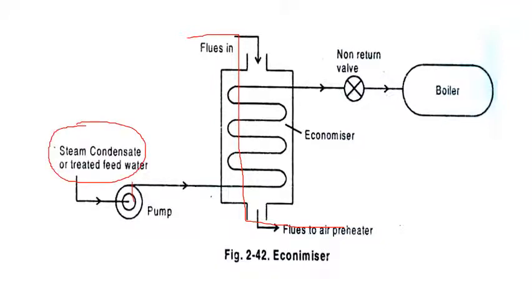Water is pumped and, before entering the boiler, I am giving it heat. It is preheated before being sent to the boiler. As we discussed earlier, it surely reduces the coal burning, or the fuel required to heat that water.